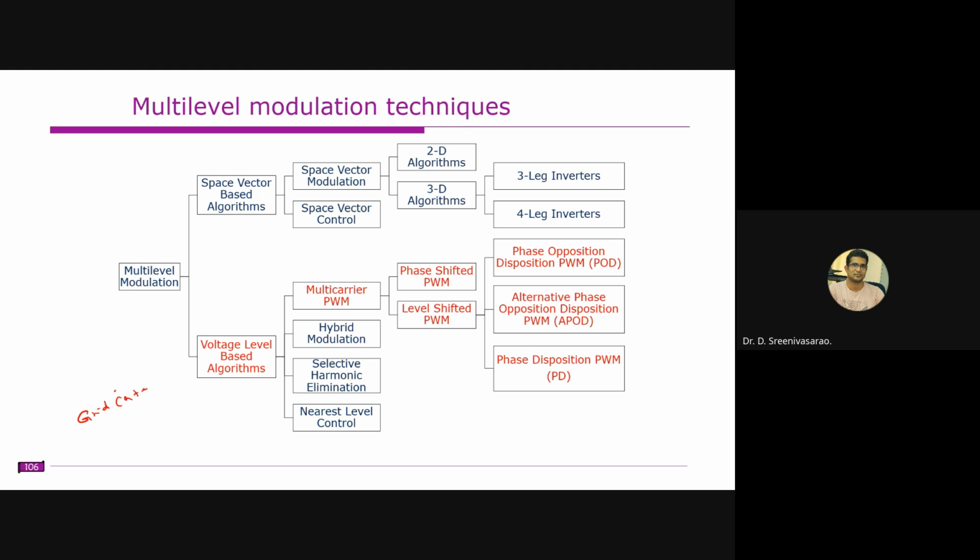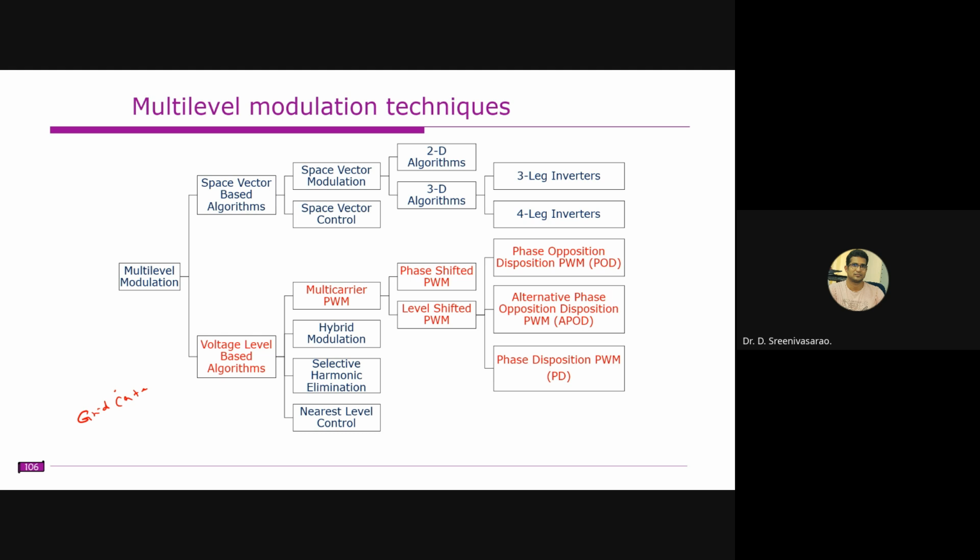You know that conventional PWM methods like the sine PWM technique, the space vector PWM technique, and the selective harmonic elimination methods are not directly applicable to these multi-level converters.